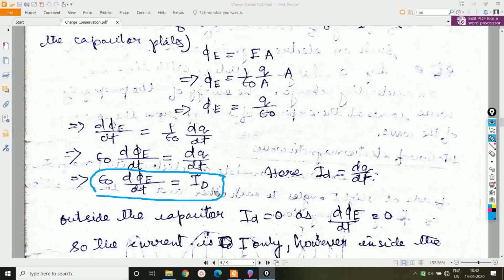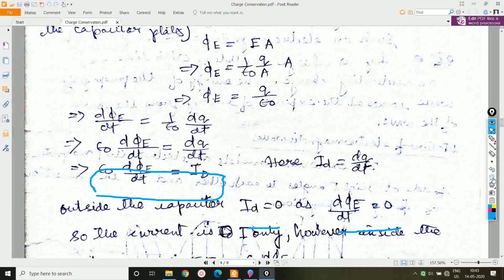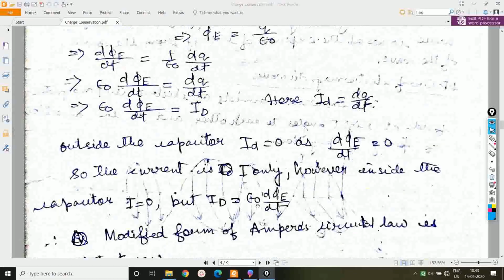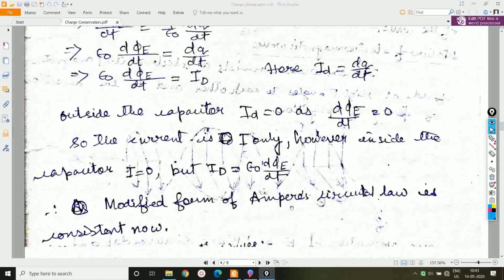And the displacement current will also have its own displacement current density, which we will use during Maxwell equations. And outside the capacitor we will have id equals 0, so d phi dt equals 0 because there you don't have the electric field and the current is I only, and inside the capacitor you have id equals epsilon 0 d phi dt. Therefore, the modified form of Ampere's circuital law is consistent now.